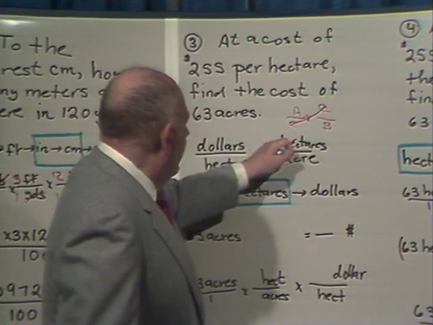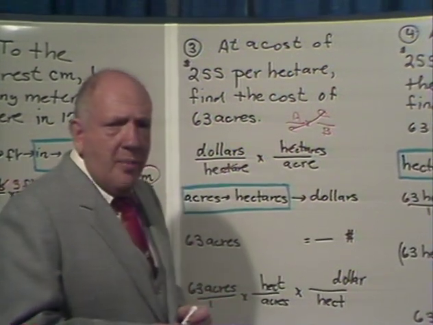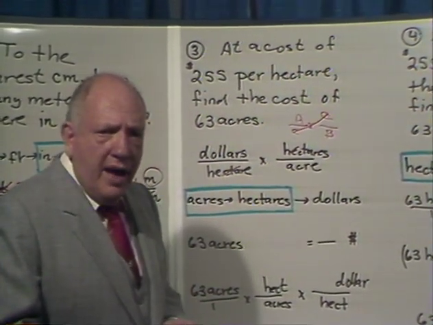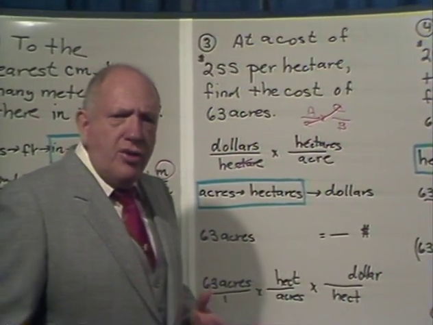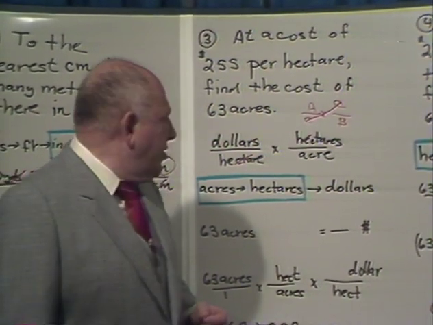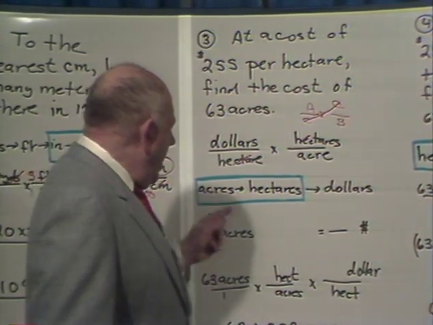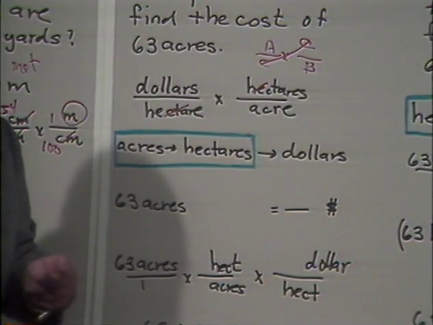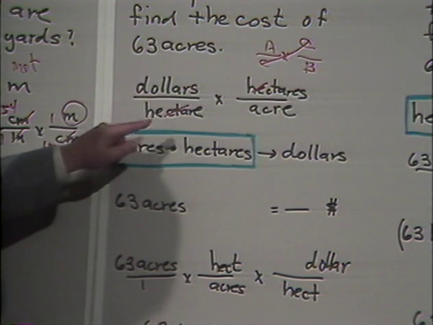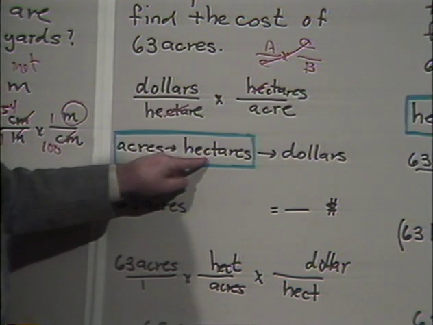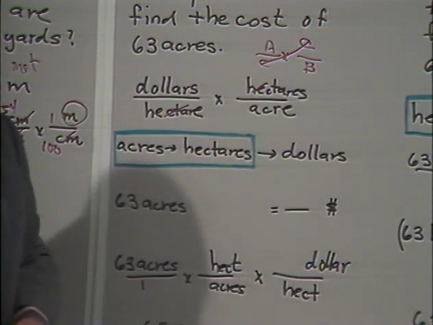The hectares will cancel, and that will tell me how many dollars it's costing me for an acre. That's the common sense way of doing this, and I'm trying to show you that you don't have to rely on dimensional analysis. But if you don't mind the dimensional analysis approach, I'm going to take acres, which I'm thinking in terms of, convert that into hectares, then knowing the relationship between hectares and dollars, I'll convert hectares to dollars.